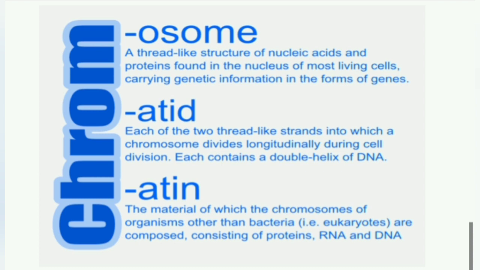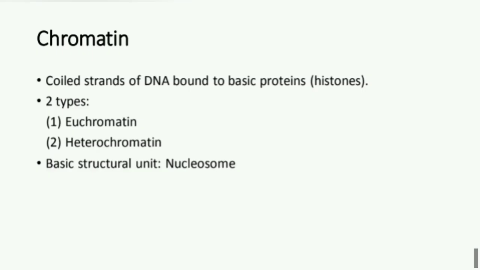Chromatin is the material which chromosome consists of: protein, RNA and DNA. Chromatin has two types, euchromatin and heterochromatin. The basic structural unit of chromatin is the nucleosome.